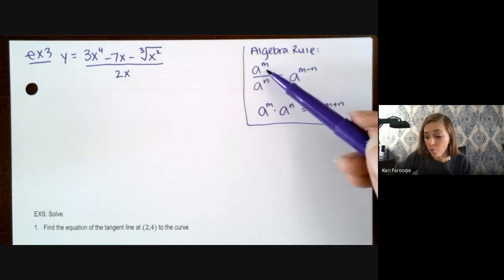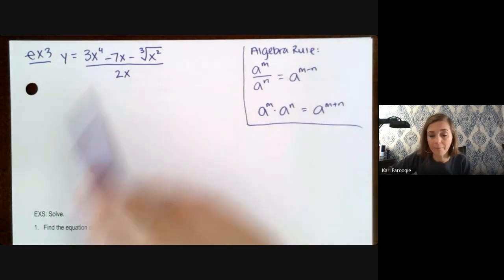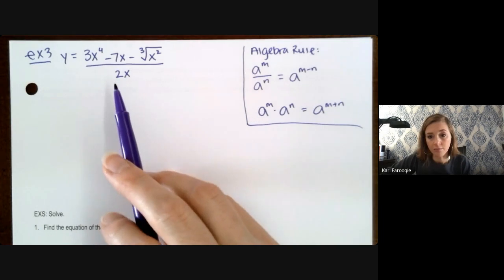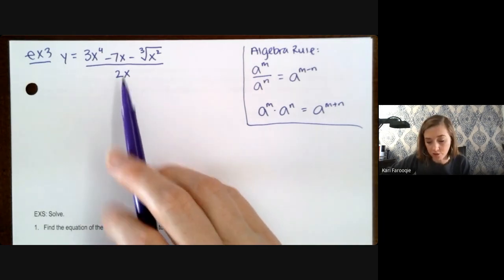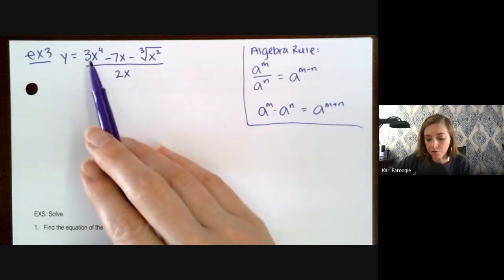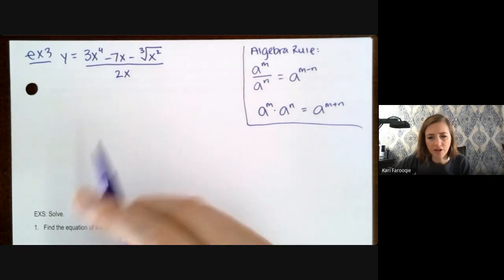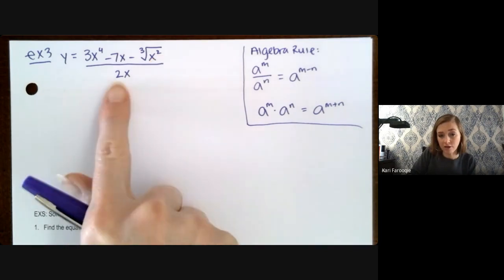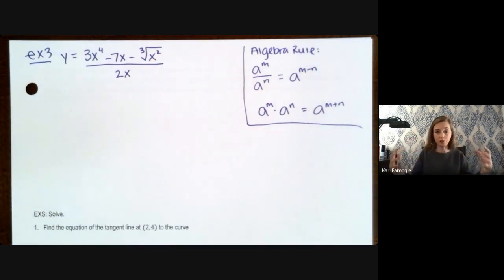That's true. We're going to have to split this up. When you are dividing some sort of polynomial by a monomial, a one-term polynomial, you divide each term by that monomial. It's kind of like considering the fact that we could have only subtracted these if we had the common denominator. You're going to split that fraction up.